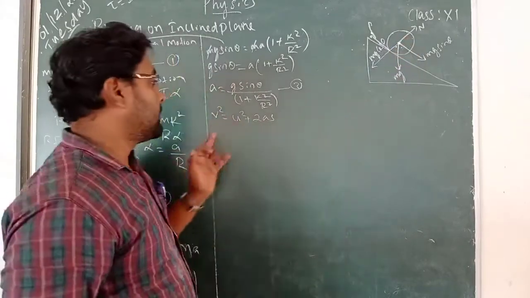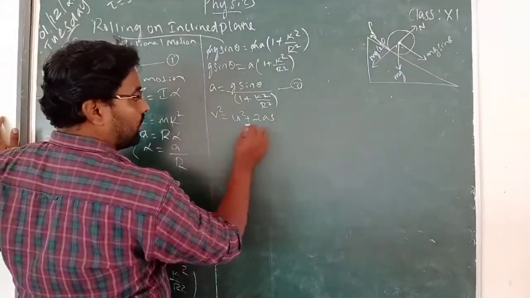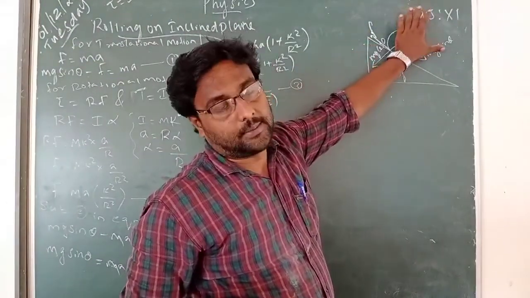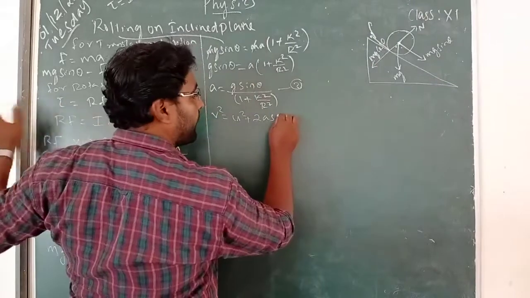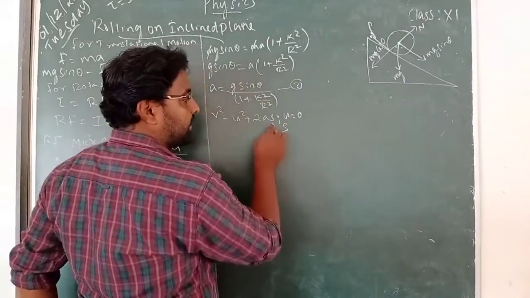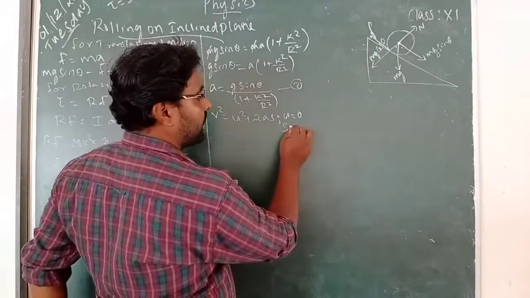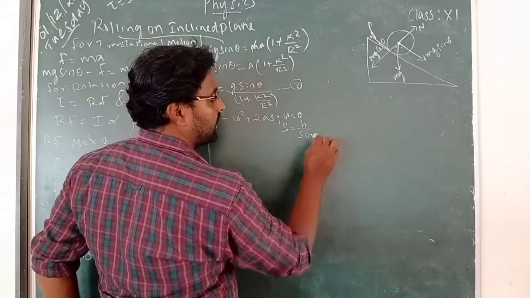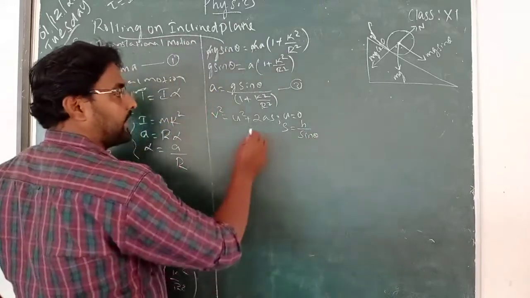The object starts moving from rest, so u will be 0, and the displacement s will be h by sin theta.